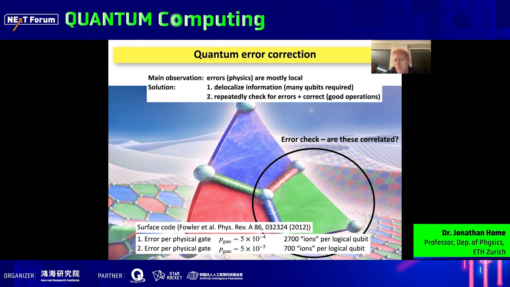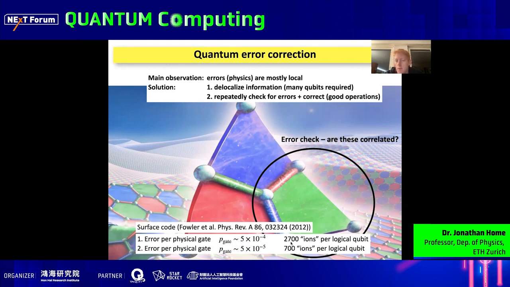And you can go and stick in some gate errors that you might think for a physical system might be achievable. I would say these are very ambitious. These are better than anyone's ever done. And what you find is that if you use ions as your physical qubit system, you would need about 2,700 ions per logical qubit if you could achieve error rates better than we can achieve today.